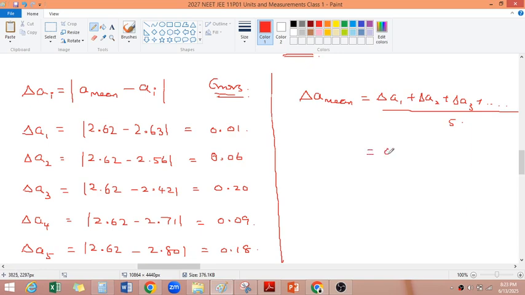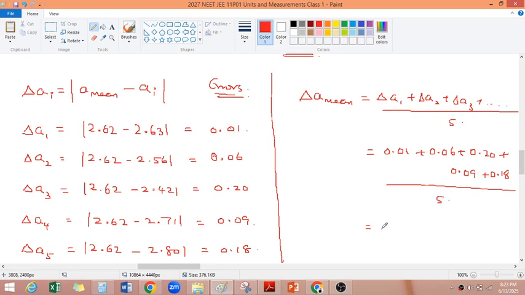So that means 0.01 plus 0.06 plus 0.20 plus 0.09 plus 0.18 divided by 5.